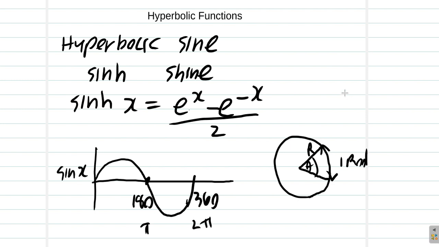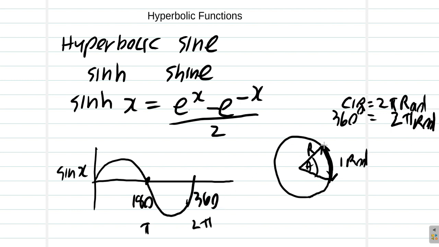Well, the circumference is 2 pi times the radius. So 1 circumference covers 360 degrees, which is 2 pi radians. All right. So just a quick reminder. And if you halve both sides, you see 180 degrees is equal to pi radians.